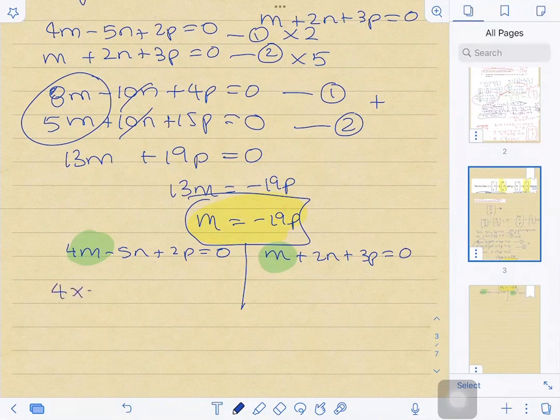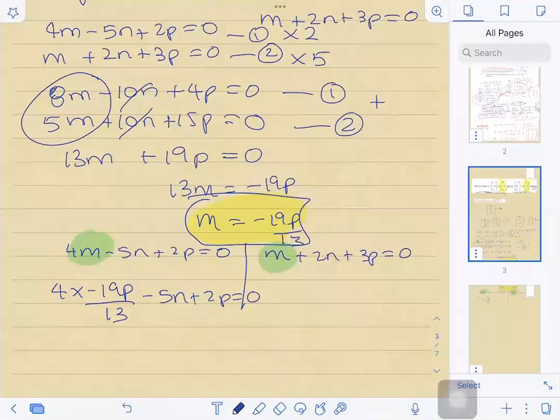So it's 4 times minus 19p on 13 minus 5n plus 2p equals 0, and minus 19p on 13 plus 2n plus 3p equals 0.